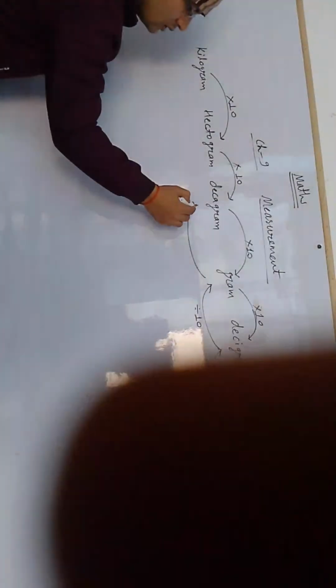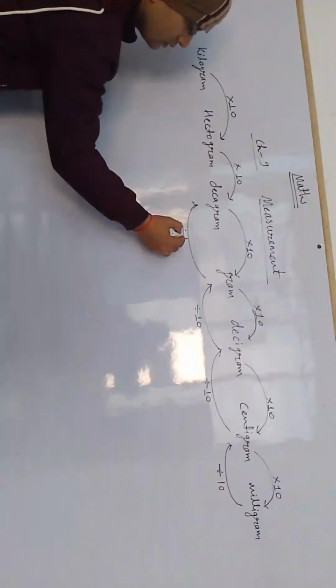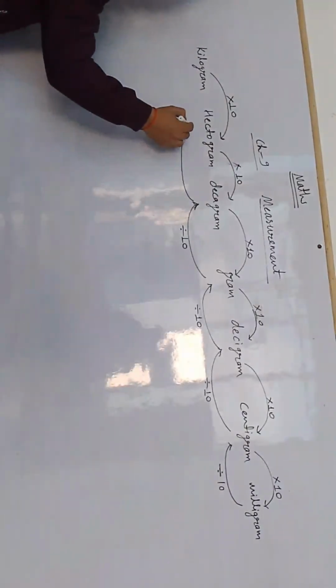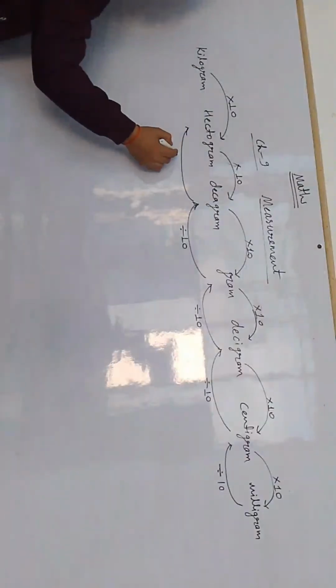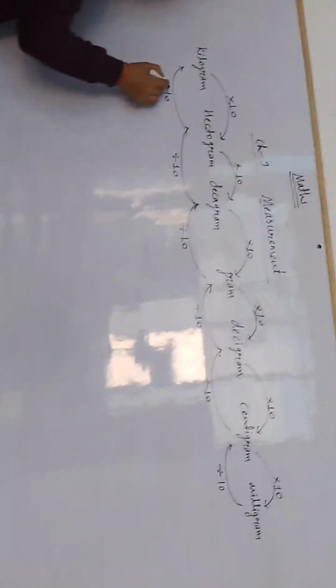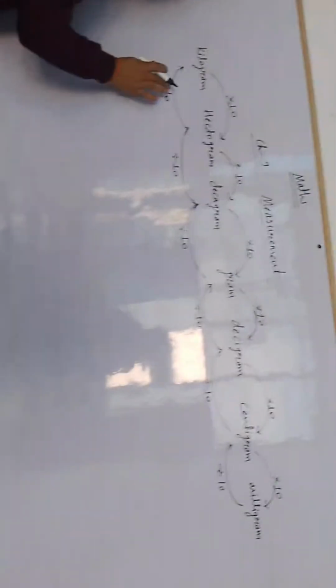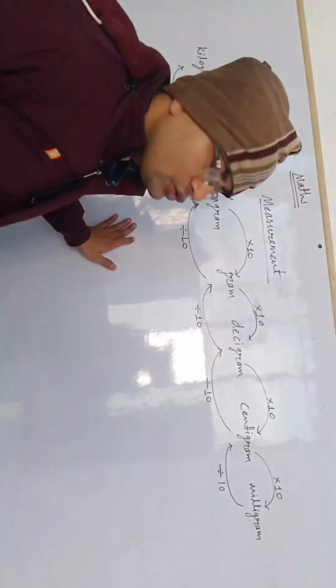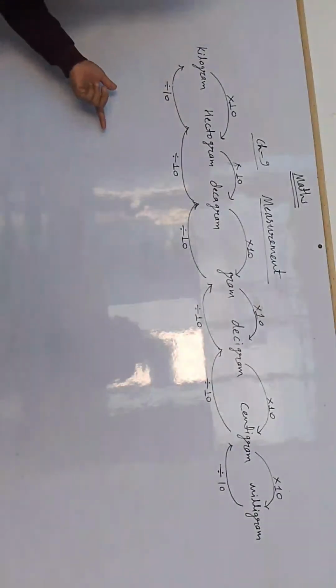Okay, and in 1 gram there is 1 upon 10 decagram, in 1 decagram 1 upon 10 hectogram, and in 1 hectogram there is 1 upon 10 kilogram. Okay, my dear students, write down in your notebook.